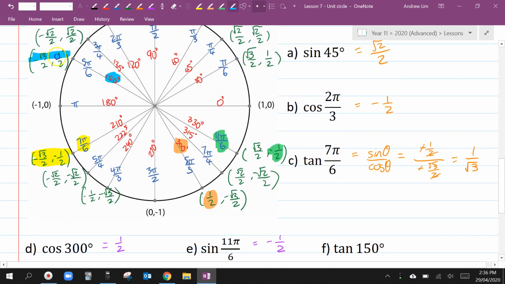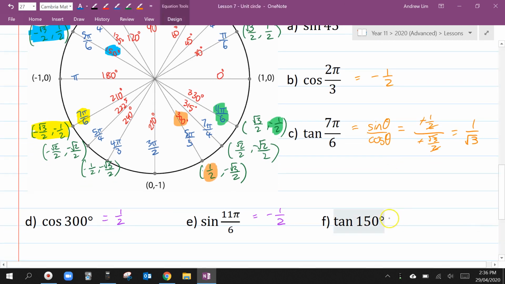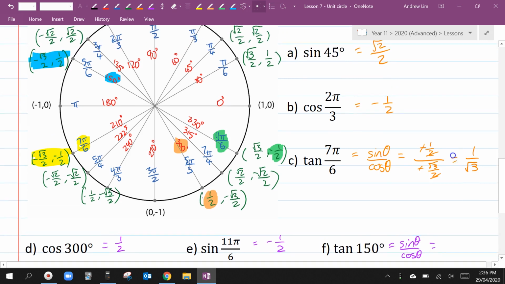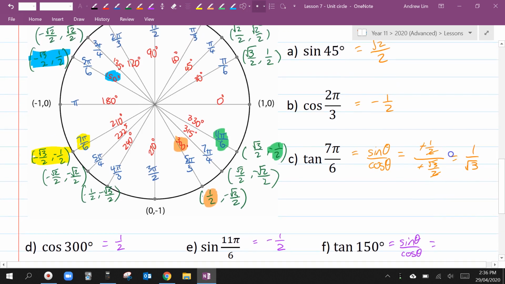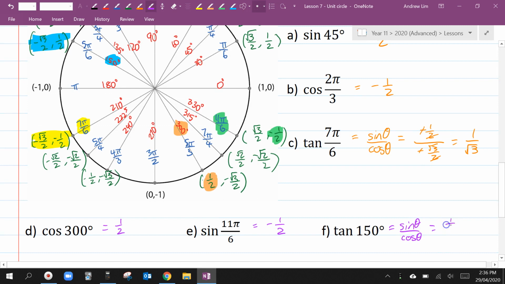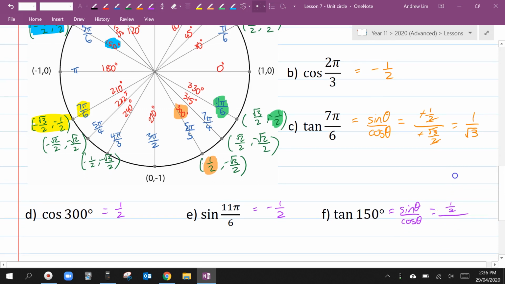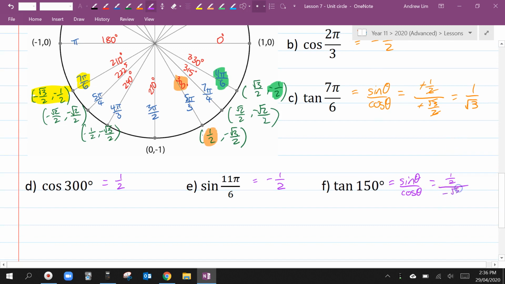So we need to use all of this because we know tan is sine on cos. And sine of 150 is half. Cos of 150 is negative root 3 on 2. 2's cancel. So I'm left with negative 1 over root 3.